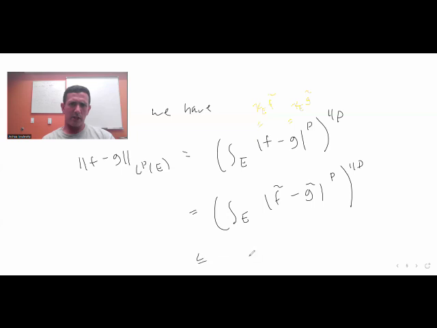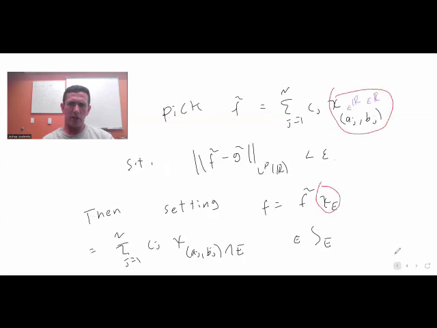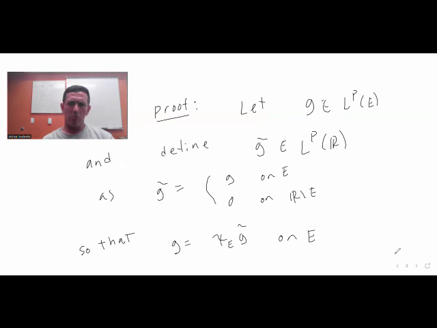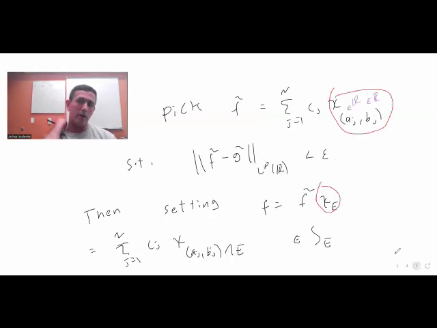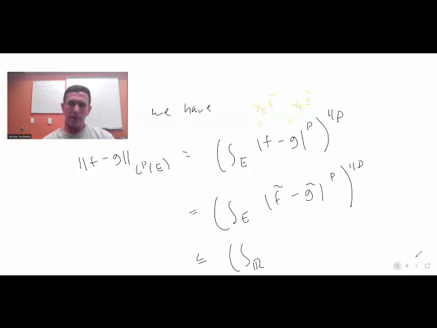And this is less than or equal to, replacing E with the real line. G tilde is going to be 0 away from E, but there's no reason why F tilde necessarily is 0 away from E. This is why this is not hard, but it requires a proof. But it's okay.